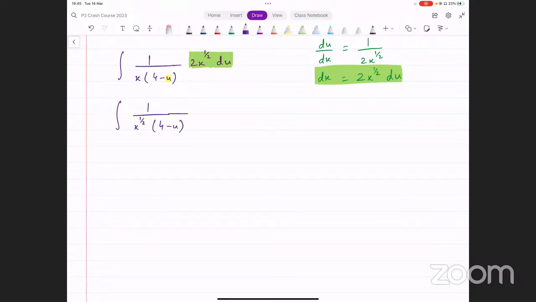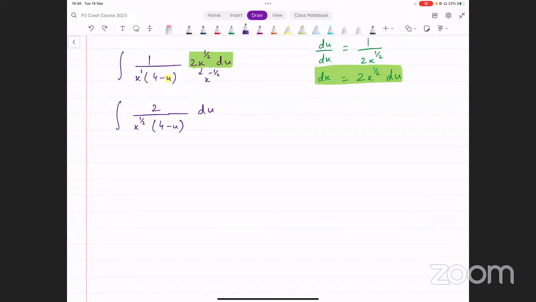And in the numerator, I could write this 2 here, and then we have du. So what I've done is I've taken this x power 1 over 2 to the denominator so that it becomes x power minus 1 over 2, and then x power 1 minus 1 over 2 gives us x power 1 over 2.